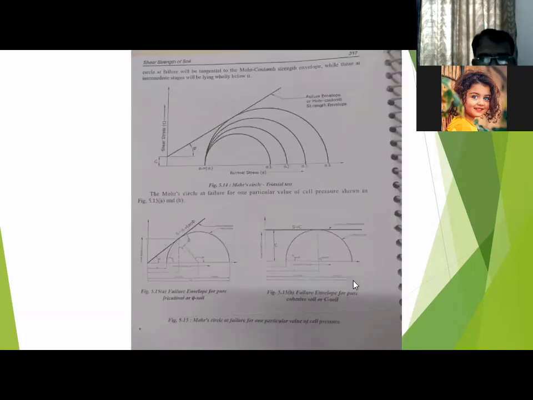So please, these are the different Mohr circles. Go through it, and any doubts you can ask. When you do solve the problems in the second half now, you will understand these things very well. So please do it yourself only. If you solve it, then only you can understand.